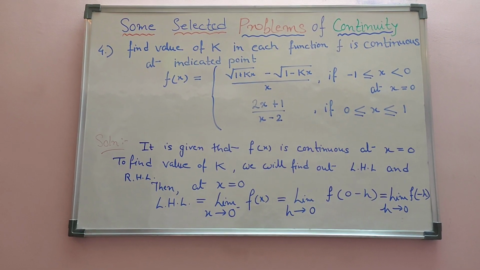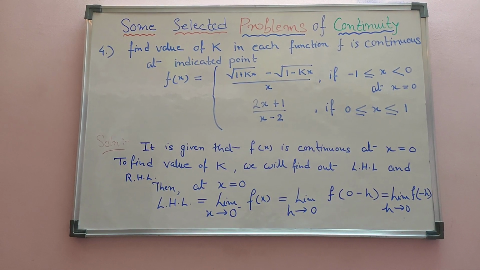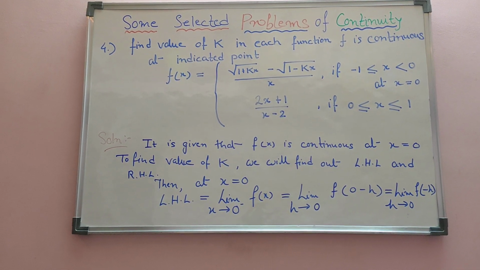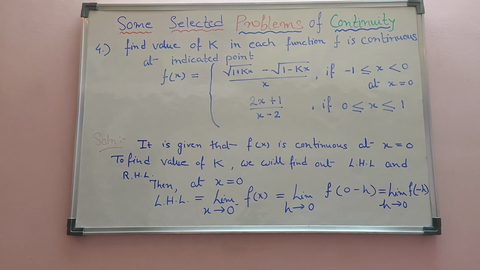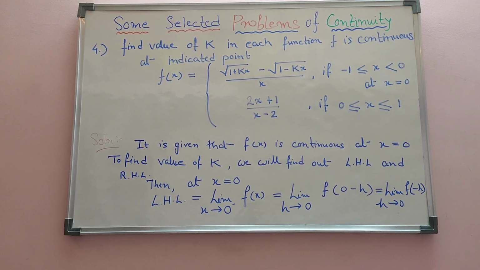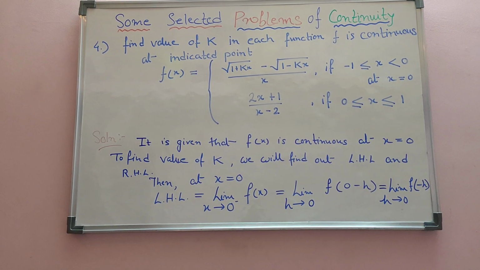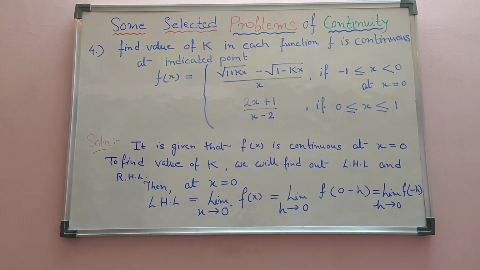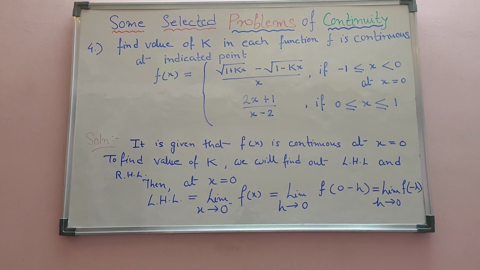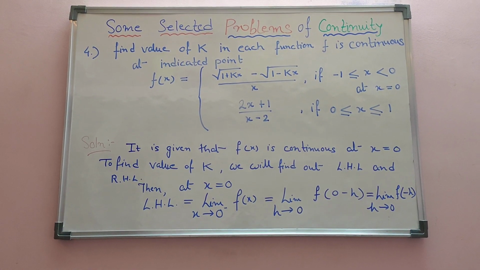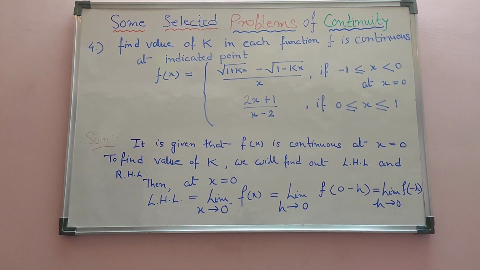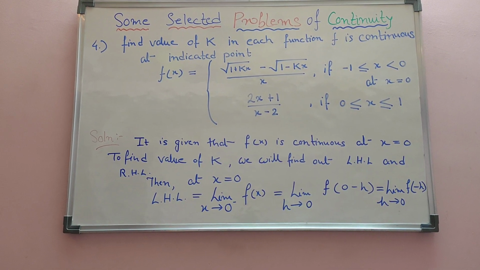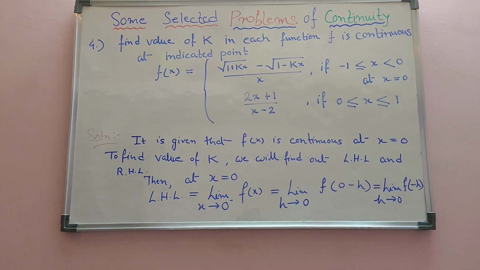So now I am taking the solution. Solution: first of all, as you know, f of x is continuous at x equal to 0, which is given, so you have to mention it. Then to find the value of k, you know the concept of continuity: any function will be continuous if left hand limit equals right hand limit equals f of x at the given point.